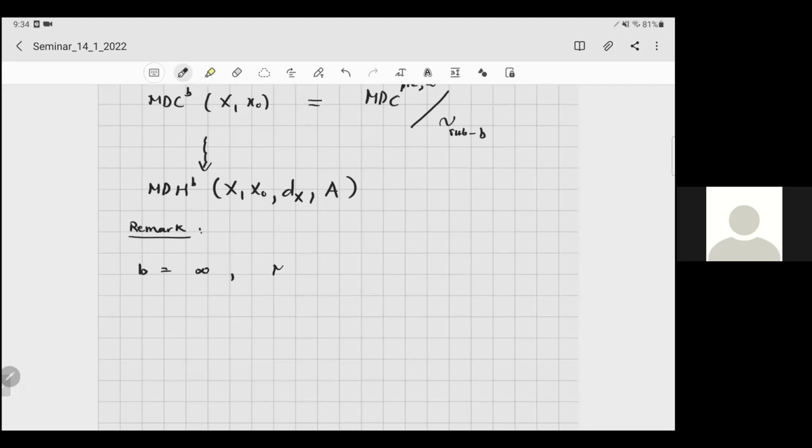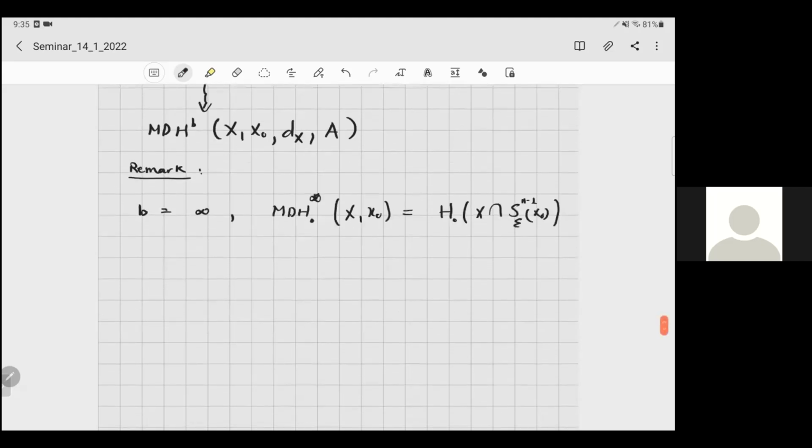This means the MD homology of infinity of x0 is actually equal to the singular homology of x intersect with the small sphere, and it means we do not collapse anything.